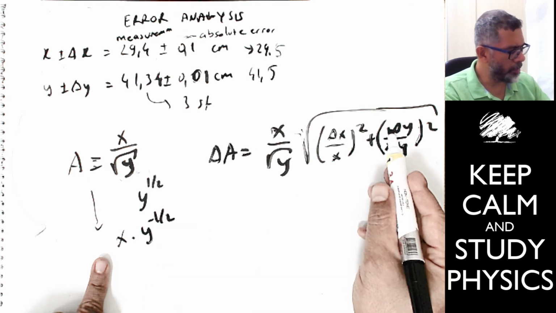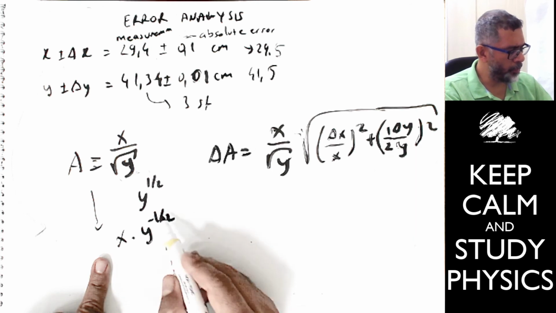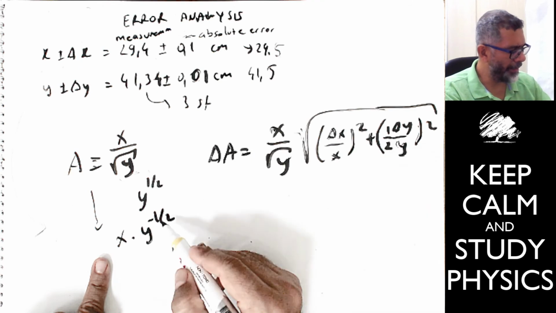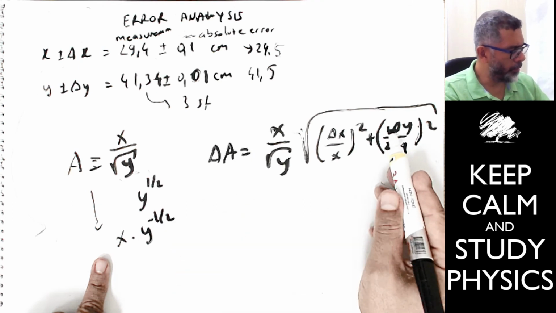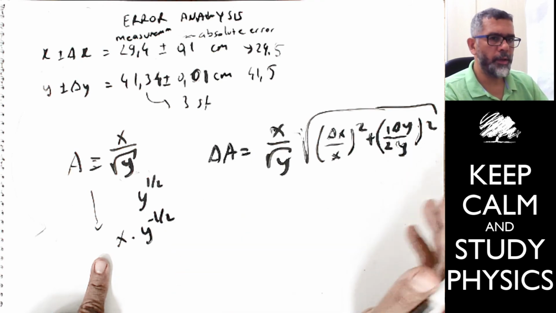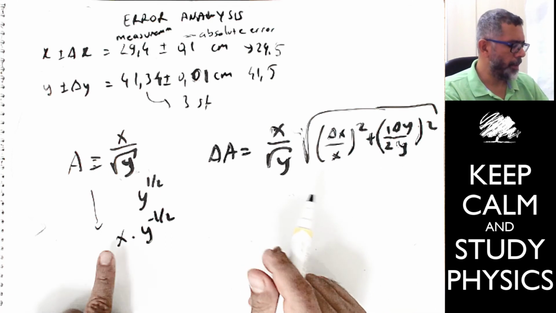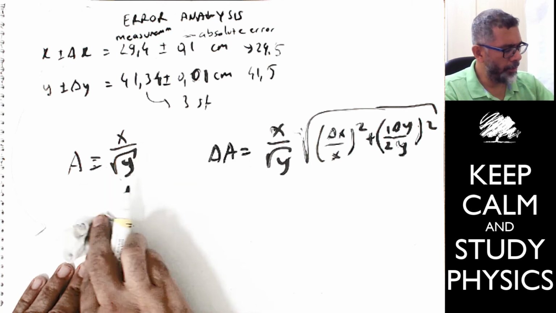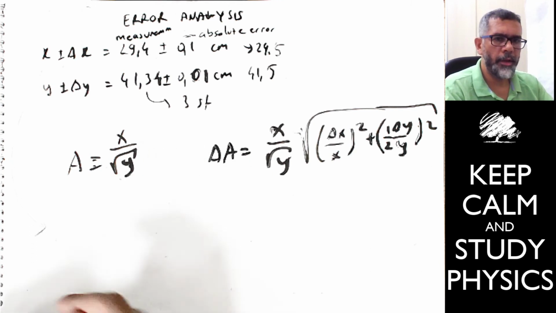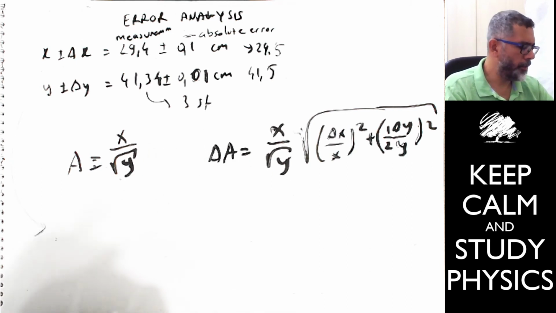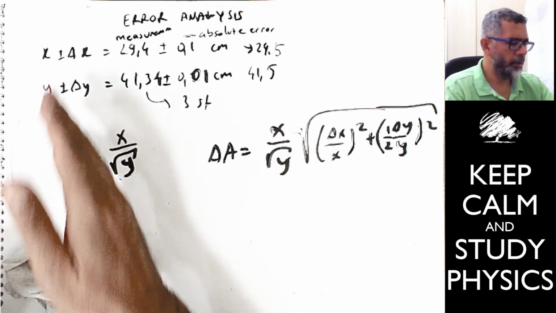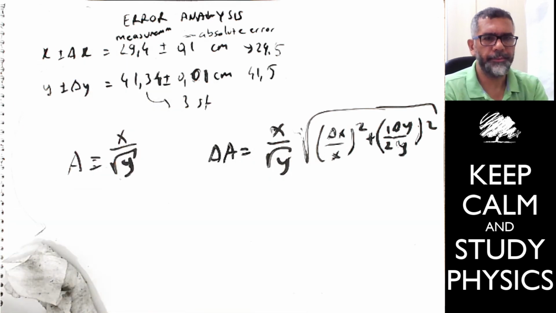The factor always comes as plus 1 over 2. If it is minus or plus, it doesn't make any difference. Whatever the power is, just put its magnitude here without any sign. Okay. All right. So, I hope this is understood. And this is how we propagate errors for calculated results if you're using multiplication or division with your measured quantities.